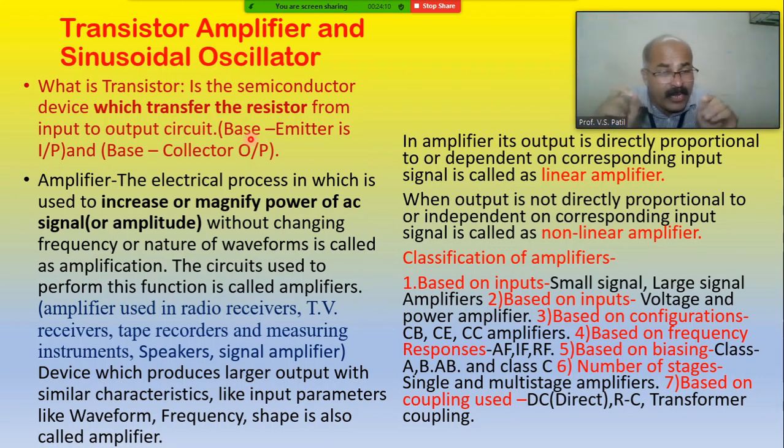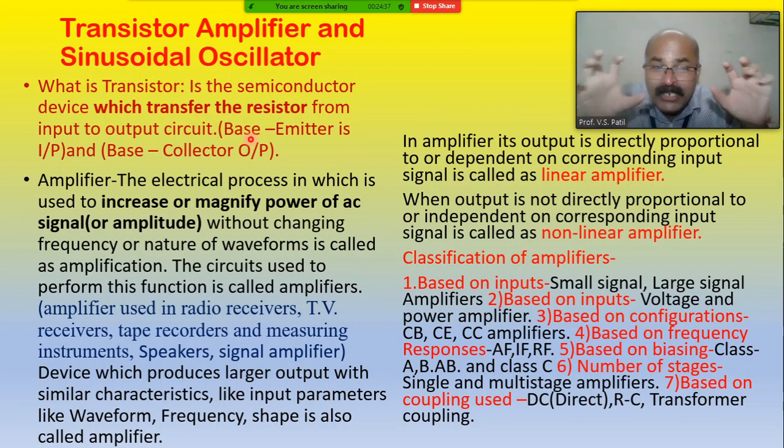Okay, then which junction? We know that in a transistor there are two junctions, J1 and J2. One junction is between the emitter and base, that is the emitter base junction, and the other junction is between base and collector, that is the base collector junction.